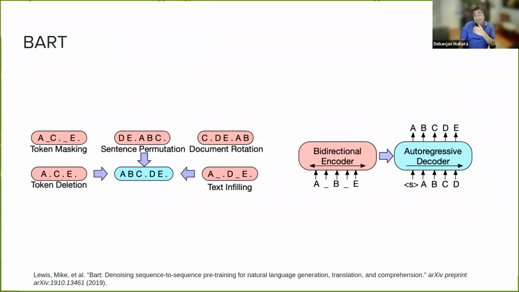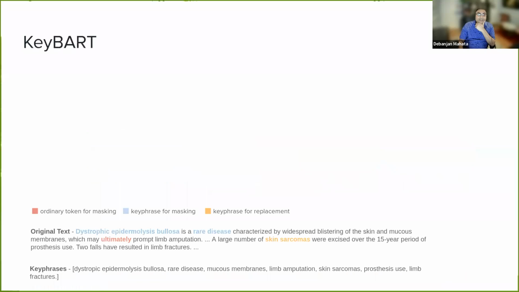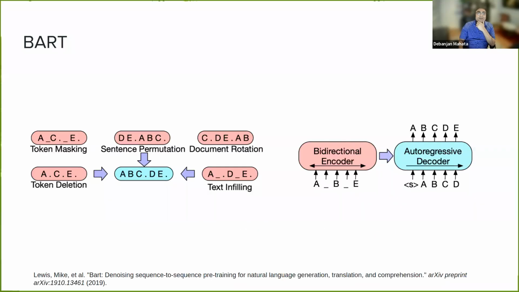And there's another objective that we propose in the paper, which is a modification of the existing BART objective, which we call KeyBART. As we all know, the BART setup is a denoising autoencoder. A lot of noise is introduced in the original text, and the idea is to generate the original text from the noisy text.